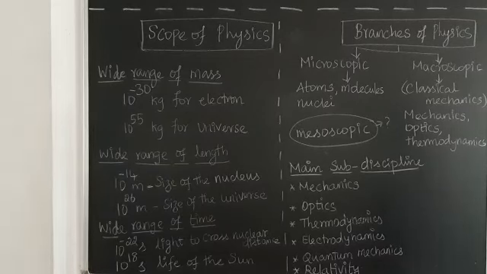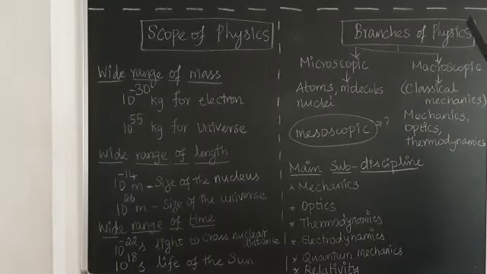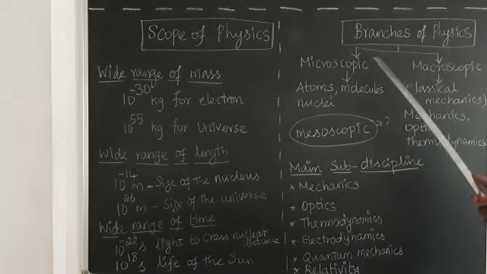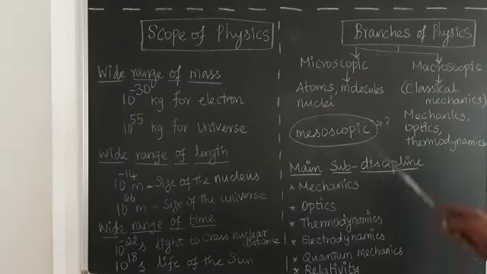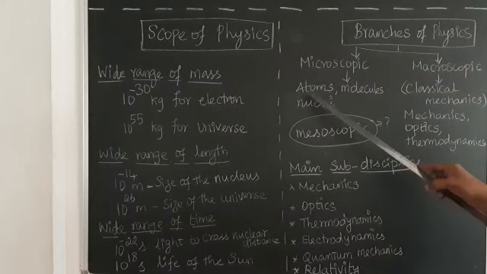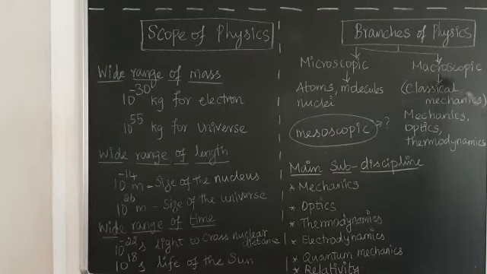So the branches of physics are categorized in two ways: microscopic and macroscopic. Microscopic means we deal with atoms, molecules and nuclei, whereas macroscopic means, as you all studied, the laws of motion and gravitational laws, right?